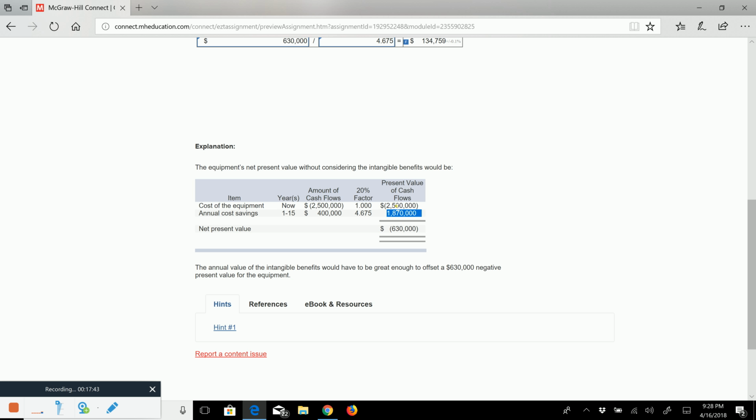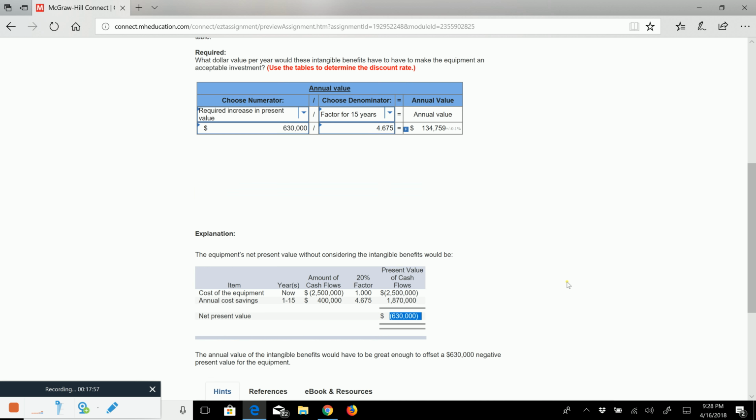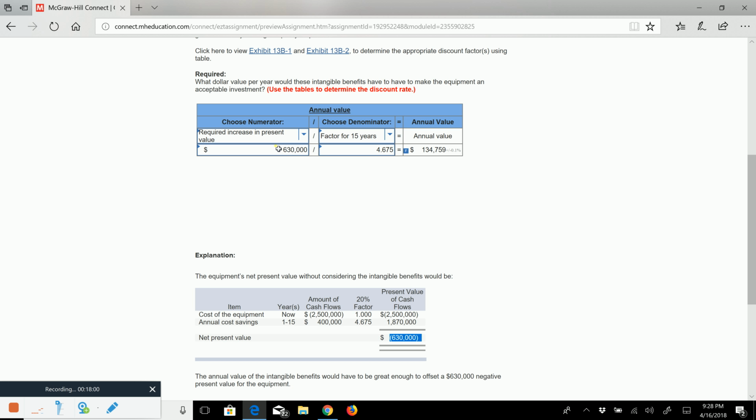You can see the cash outflow of 2.5 million less your annual cost savings adjusted to present value of 1,870,000. The difference, negative $630,000. So that's why we say the intangible benefits need to be worth at least $630,000. That is your numerator.